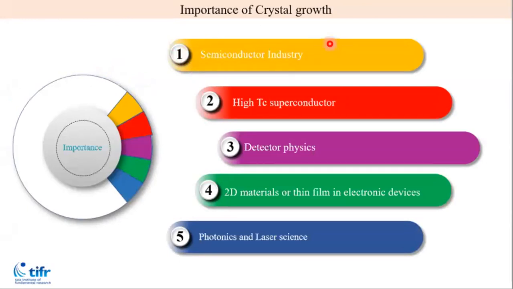In the semiconductor industry, people use silicon, which is a very important material for technology. The semiconductor industry has extensive interest, along with high temperature superconductor materials, detector physics, 2D materials, thin films in electronic devices, and also photonics and laser science, which is mostly applicable in medical science or biological purposes.